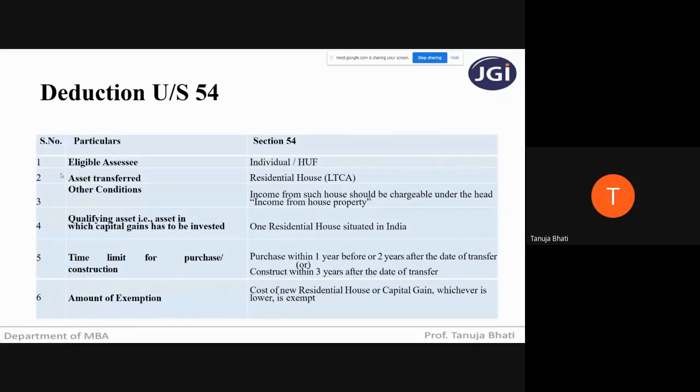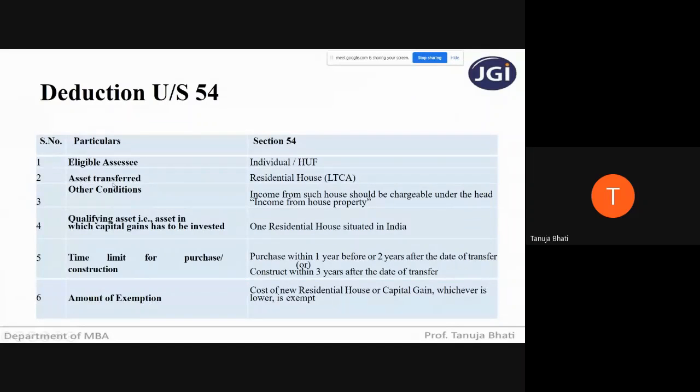First of all, who is eligible for this deduction? The eligible assessee is only an individual or HUF. Only if an assessee falls under the category of individual or Hindu undivided family will he be eligible for a deduction under section 54. Now, on what asset that he is transferring will he get this deduction?